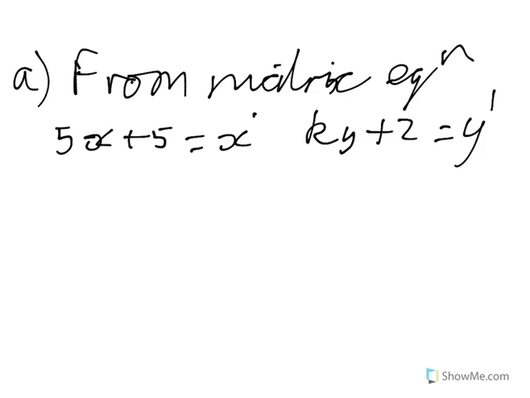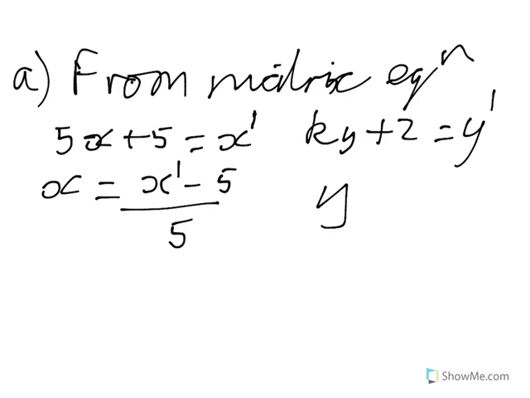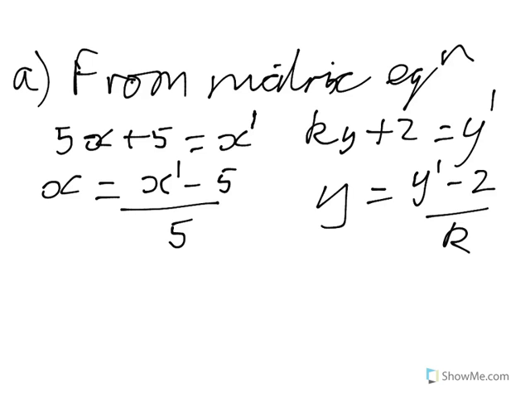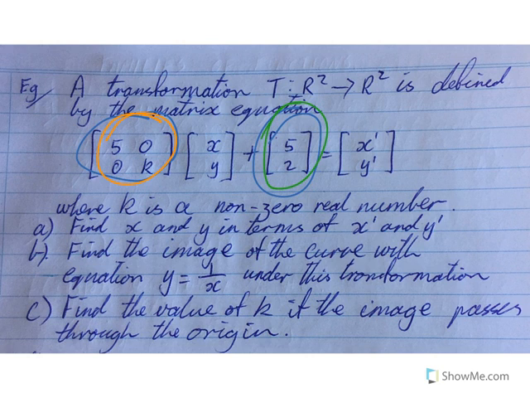When we rearrange, the one on the left, take 5 and then divide by 5, we get this. The one on the right, to get y by itself, you've got to take 2 and divide by k. Just going back, checking part A, find x and y in terms of x dash and y dash. There we go. Got that.